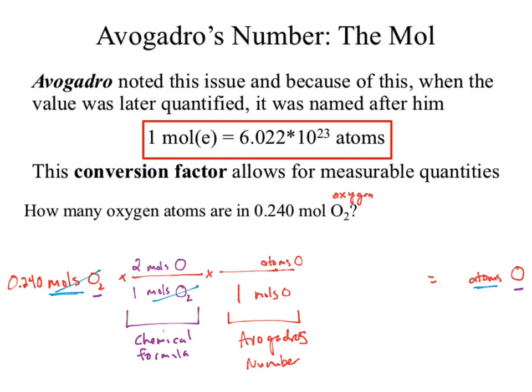So I put the 1 there. 6.022 times 10 to the 23rd goes with atoms. Okay, what happens? The moles of O cancel. What would I have as an answer? Atoms of oxygen. This one becomes a relatively straightforward one to calculate because everything's in the numerator. All I have are 1s in the denominator, so I can just punch it into the calculator and get an answer.